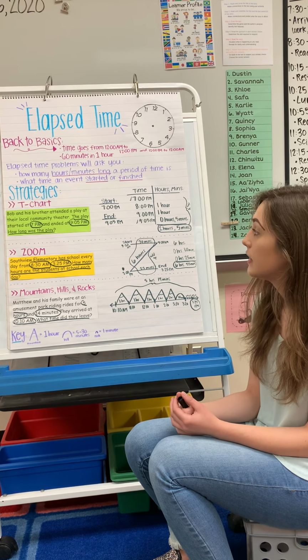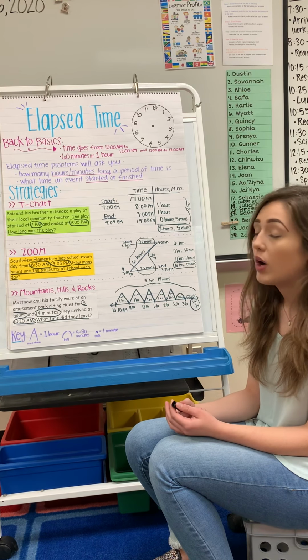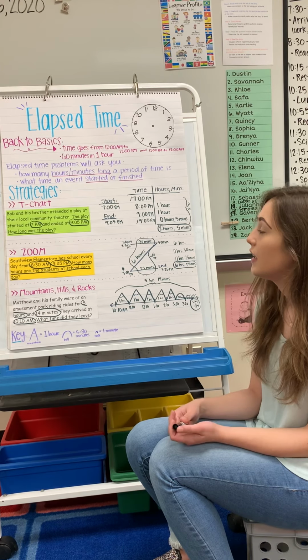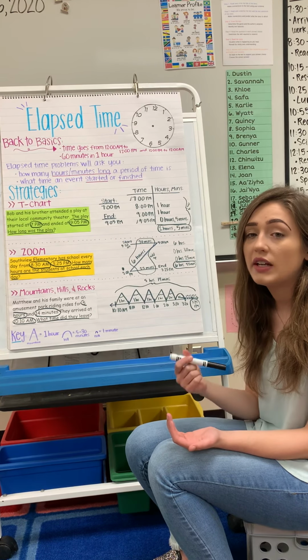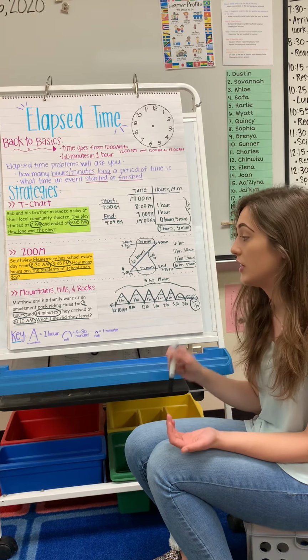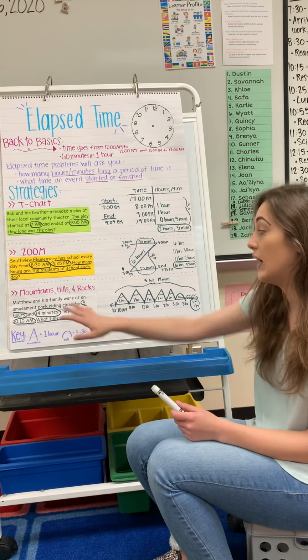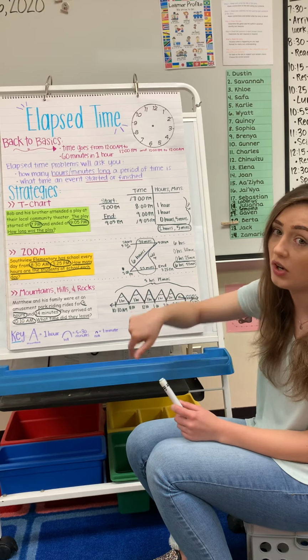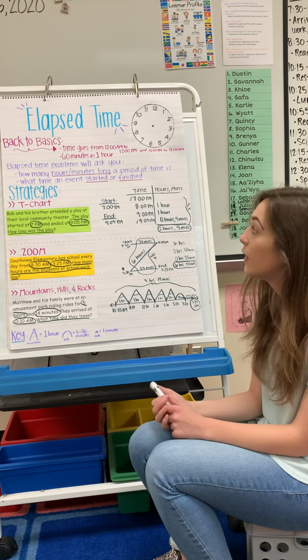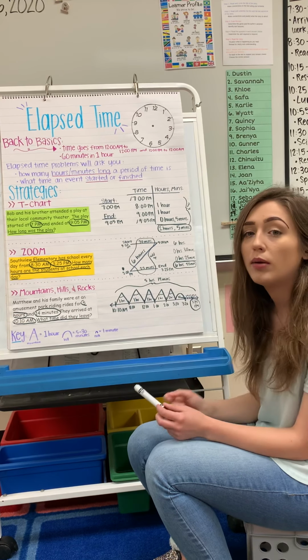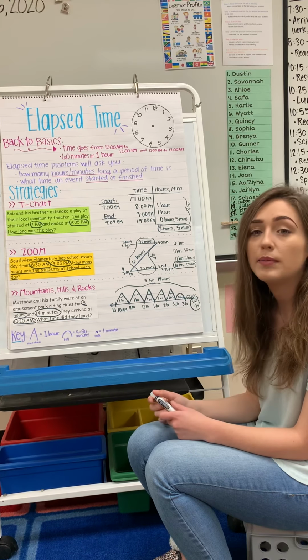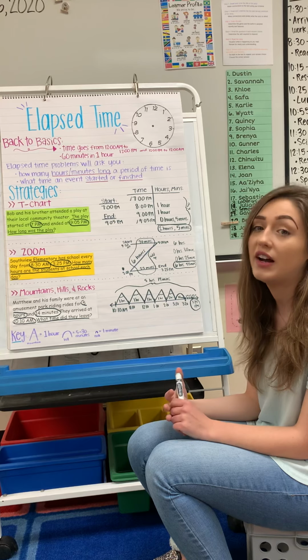Personally, I think that the problems that give you a start and end time work better with T-Chart and Zoom, but if you're looking for either a start or end time and they give you how long it was, I would probably use the mountains, hills, and rocks. But really it's up to you however you want to use them. You can use any strategy for any problem regarding elapsed time, and you can get your answer a lot easier.